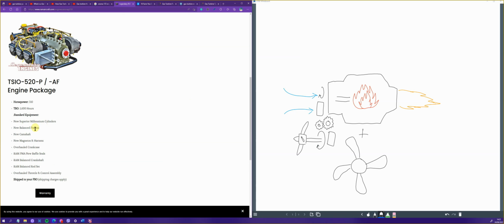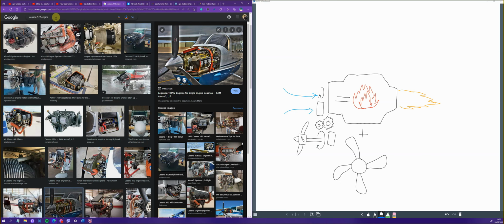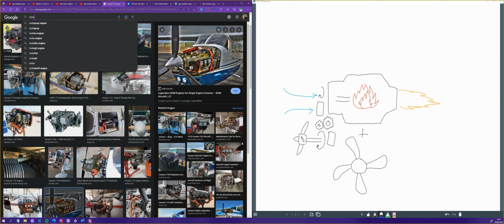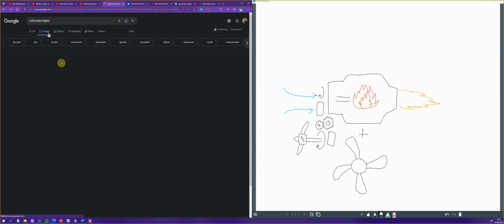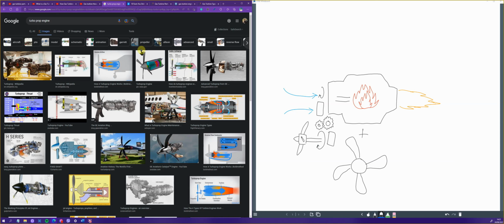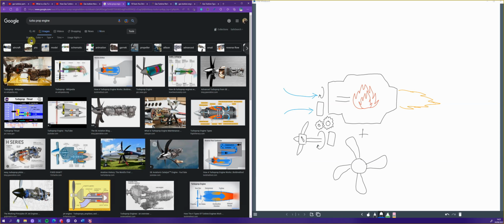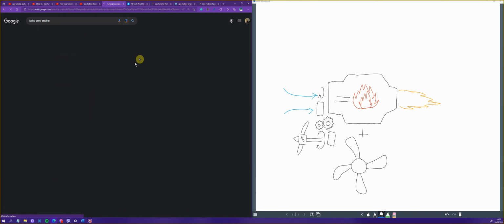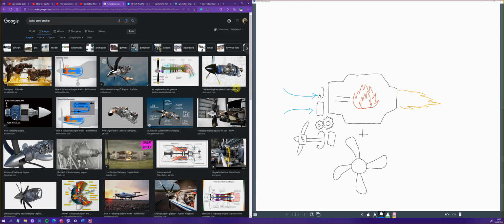Hindi. Piston to eh. So, this is not a, hanap tayo ng turboprop. Hindi piston yan eh. Yung malaki para kitang-kita nyo.